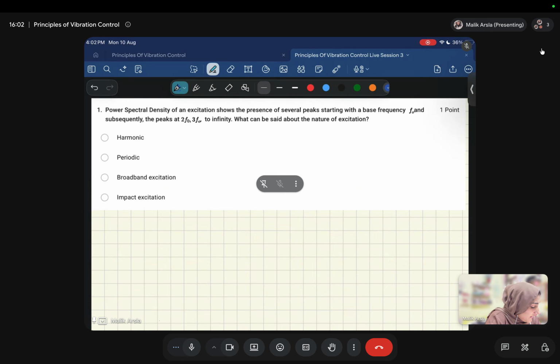Now after that we have the second option, periodic, and we know that in case of any periodic signal we can use the Fourier transform to break down any periodic function into a fundamental frequency and then its further harmonics which have peaks like 2f0, 3f0 if the fundamental frequency is f0. So we can say here that the second option is the correct option.